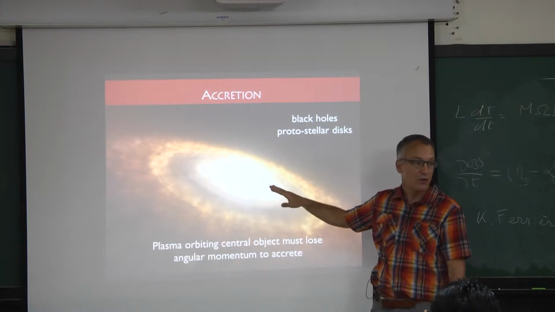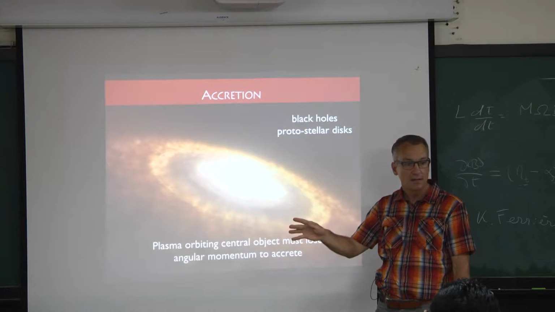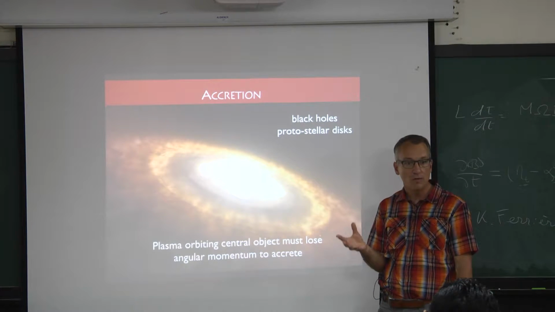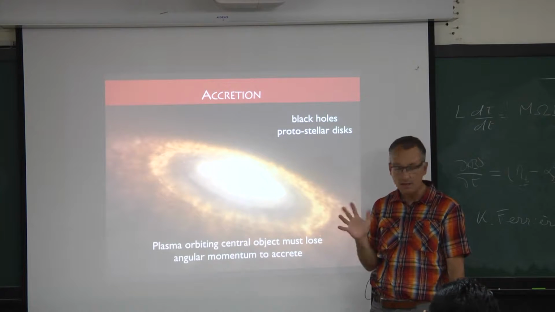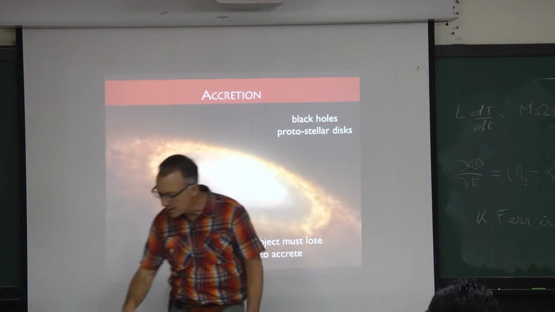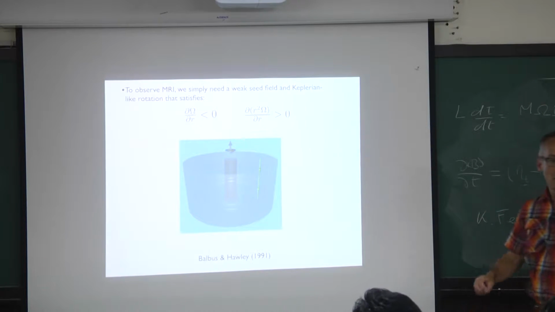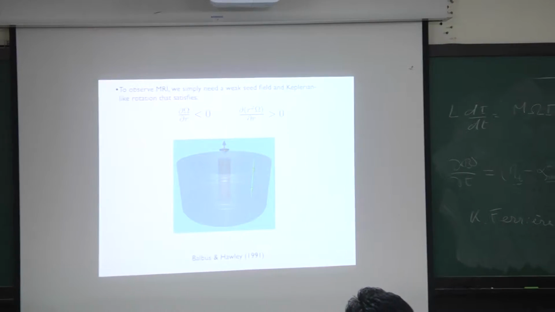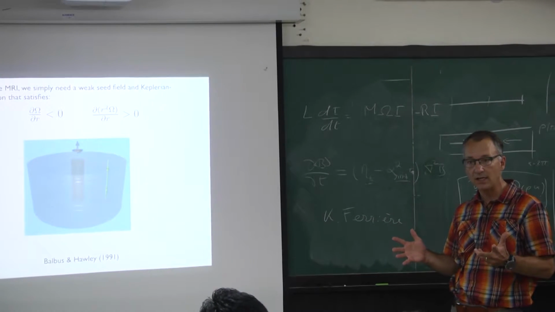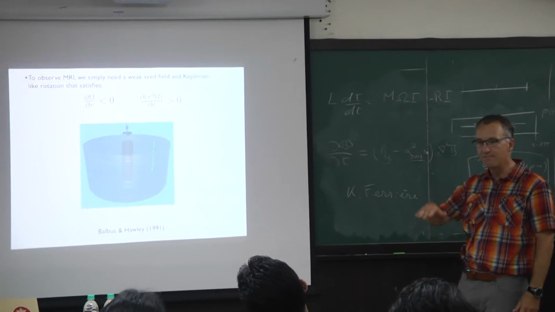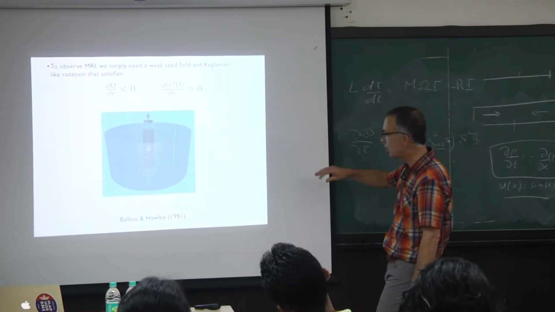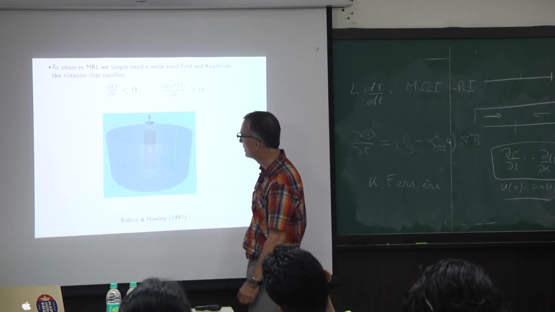The observed accretion rates are too fast to be explained by normal viscous coupling of momentum. Something is needed. And one of the theories for how matter might accrete more efficiently is based upon a dynamo model ultimately, and something called the magneto-rotational instability.